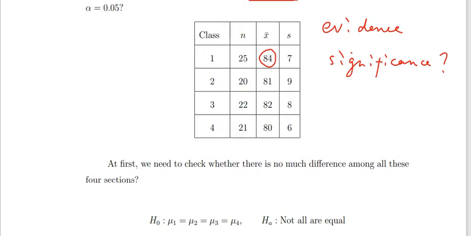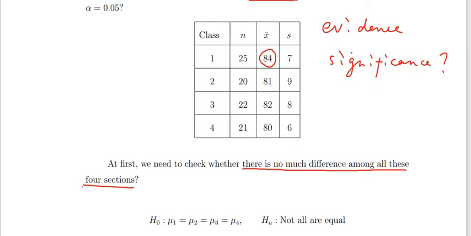Suppose I teach class 1, my purpose is to say my class performs better than other classes, right? But before I can say that, I need to check whether there is no difference, or no much difference among those 4 sections.